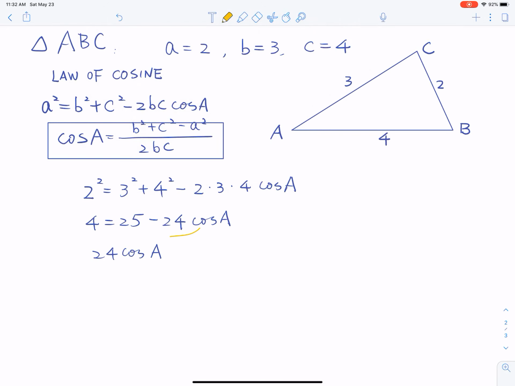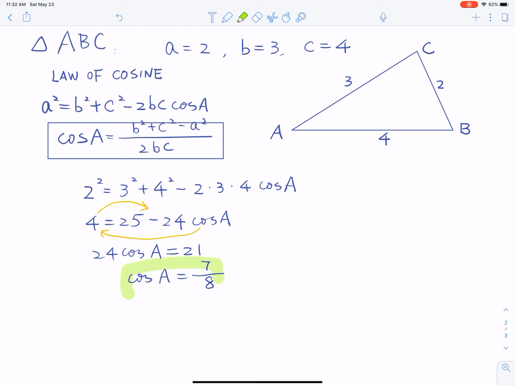I move this to this side, change the sign, move this to this side. That's my way of thinking. 24 cosine A equal to 21, so cosine A equal to 7 over 8.